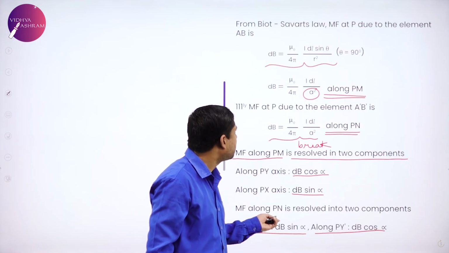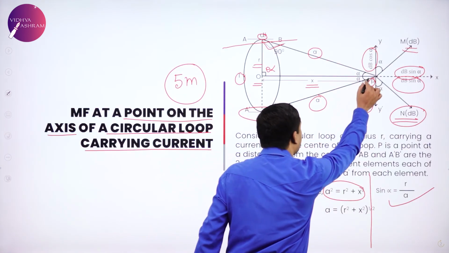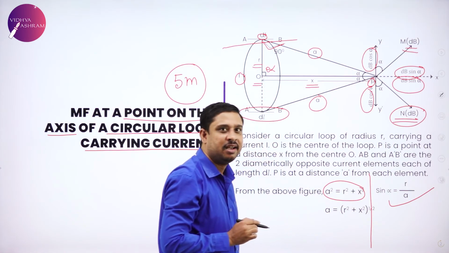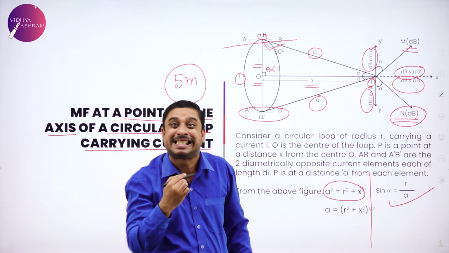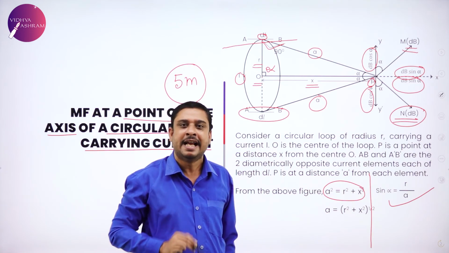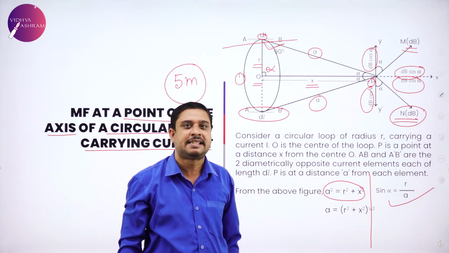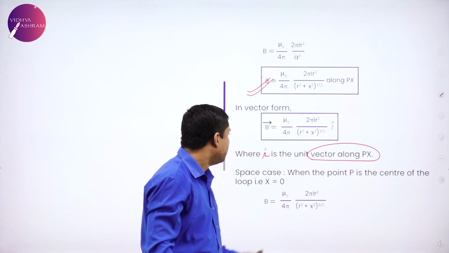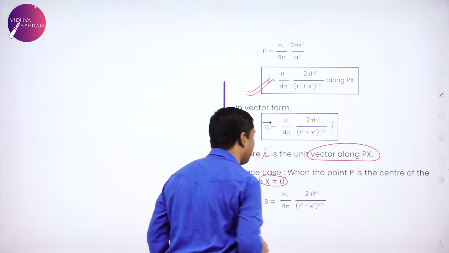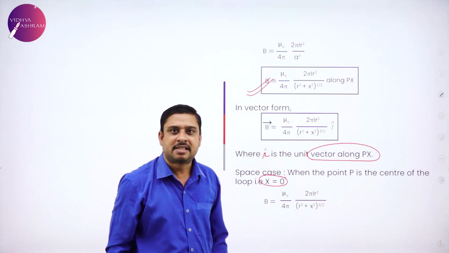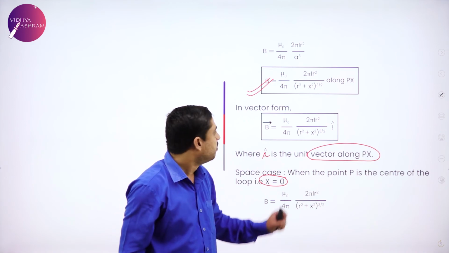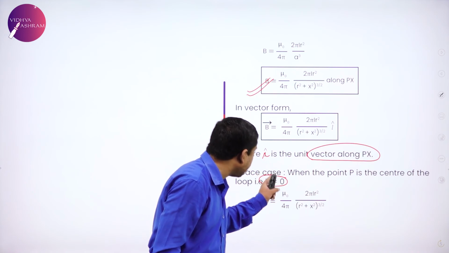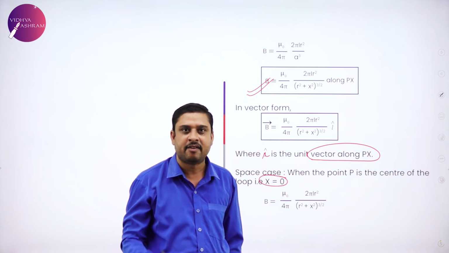So, in this special case, I am assuming P to be at the center itself. Now, it is not at some distance from the center. It is at the center itself, which means x becomes equal to 0. Why is this x becoming 0? Because the point P is at the center of the loop itself.